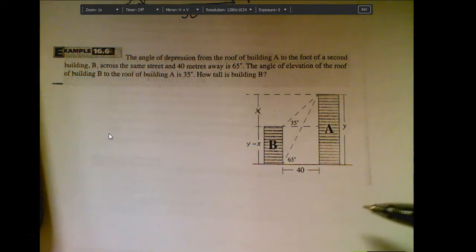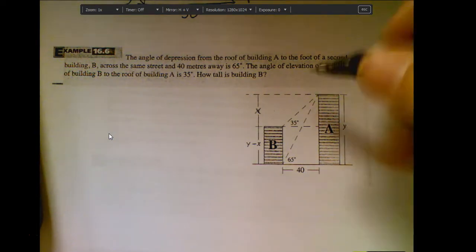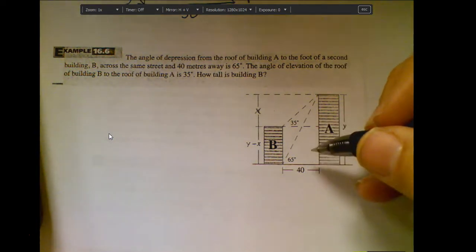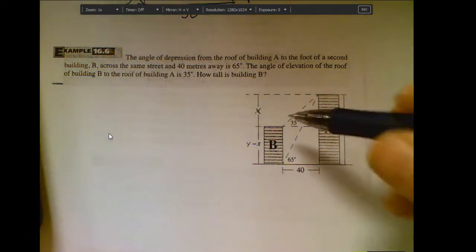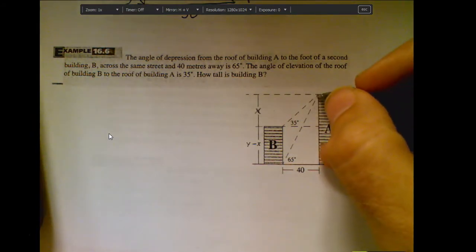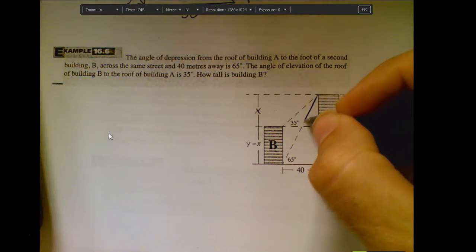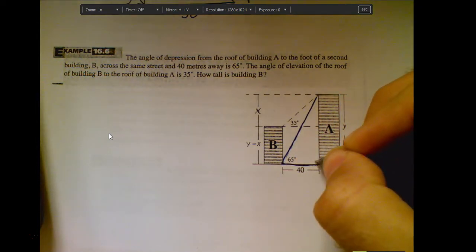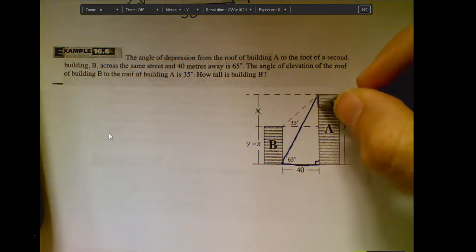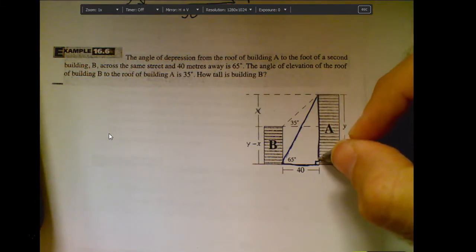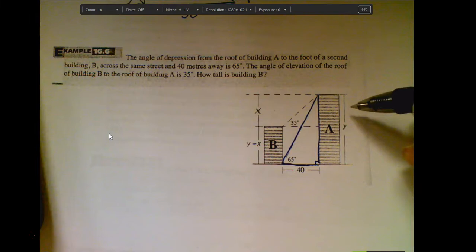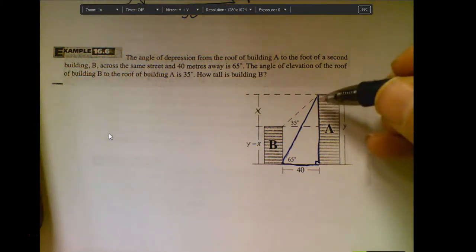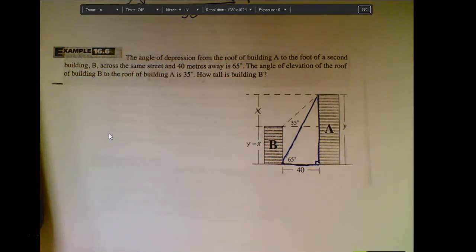One thing we'd like to notice right off the bat here is the right triangles that are being formed. If you look at this right triangle, let me fill in the lines here. If you look at this right triangle that is being formed with building A, there's something we can work with. We know this is Y, which means this is Y. Those would be the same values.